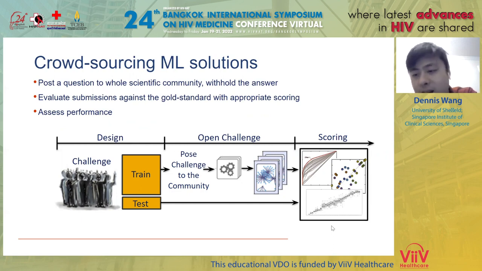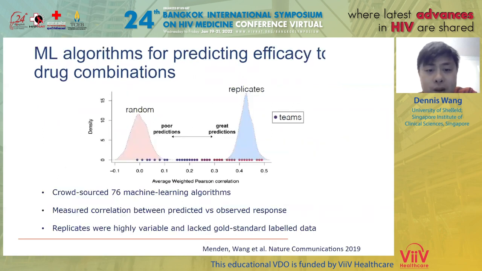This is a technique very often used in machine learning competitions where they're trying to benchmark what the best solution is, such as the one that was submitted for AlphaFold. This is a particular kind of benchmarking study we did on machine learning algorithms to predict the efficacy of pairwise drug combinations.